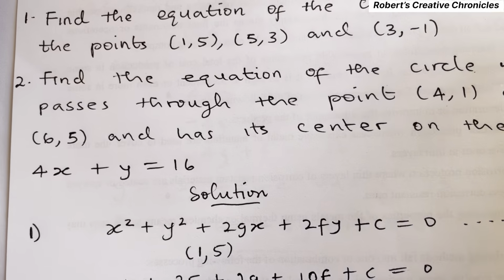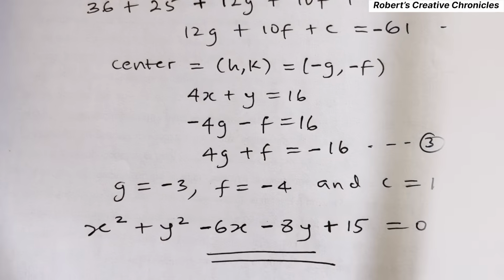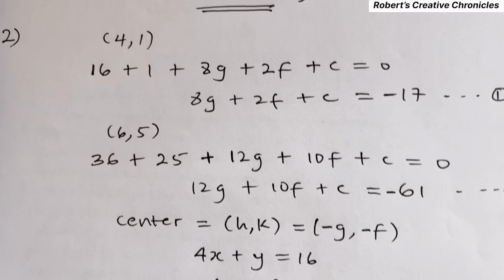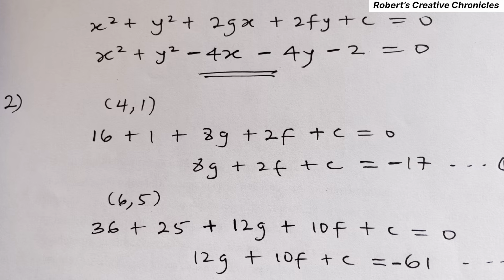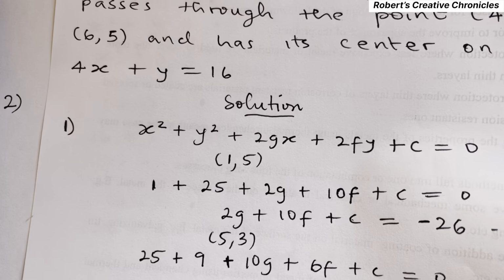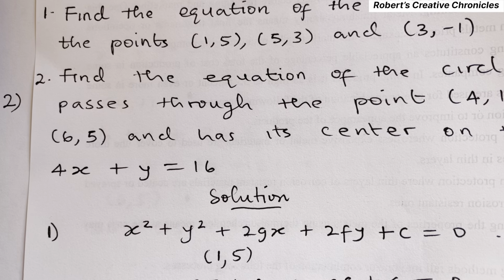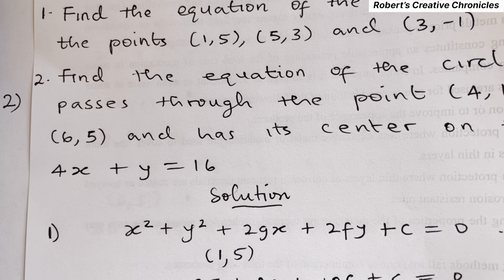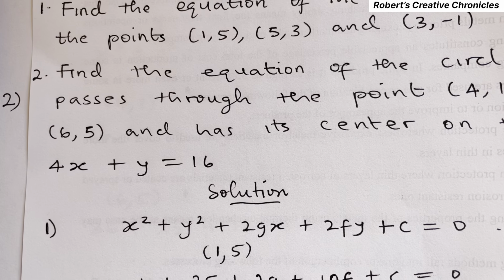Like if you substitute all these 3 points in the equation of the circle that we got, which is the equation of the circle for exercise 1, you get 0 on the left hand side. So you can automatically know that that equation is the correct equation of the circle.